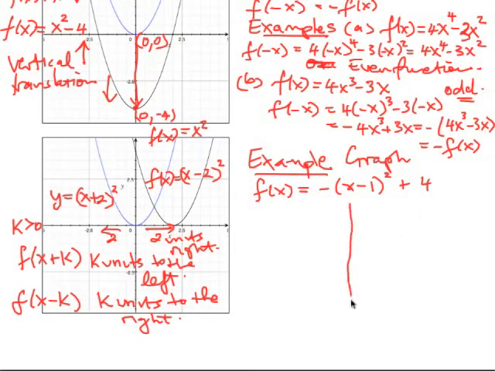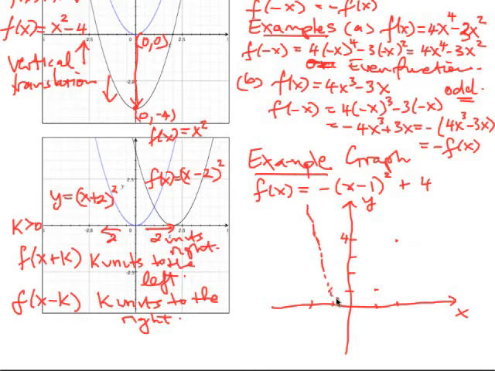So a quick sketch of this. We start with, let's take this as 4. So it goes 1, 1. It goes 2, 4. Negative 2, 4. So we have our regular parabola, and I'll just do a broken line. So this is y equals x squared.